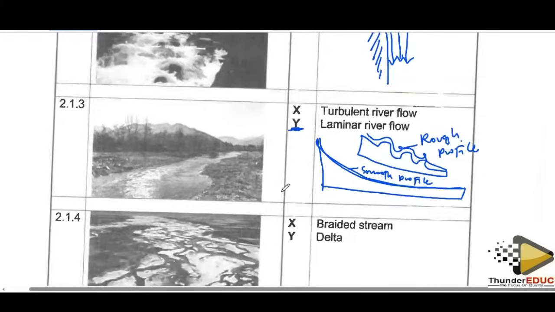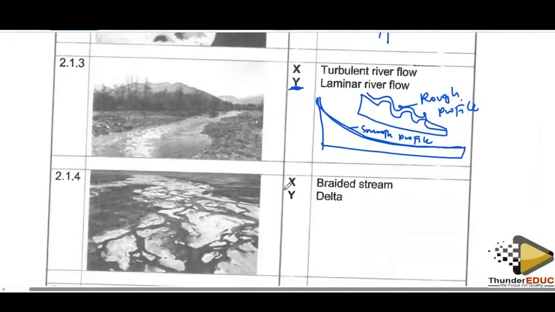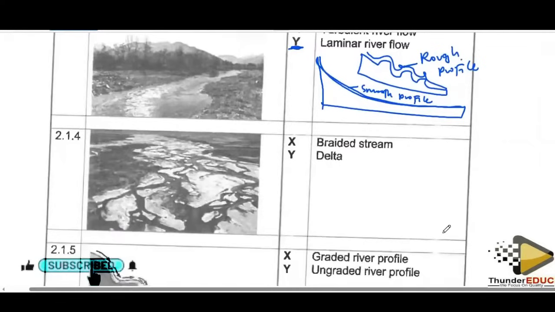At 2.1.4, X is braided stream and Y is a delta. But what are these? Our answer is going to be the braided streams, because I can see sandy islands being deposited inside the river channel, but then there are different streams that have developed. You see, this gray or dark one shows streams of water that have developed, and this is typical of braided streams.